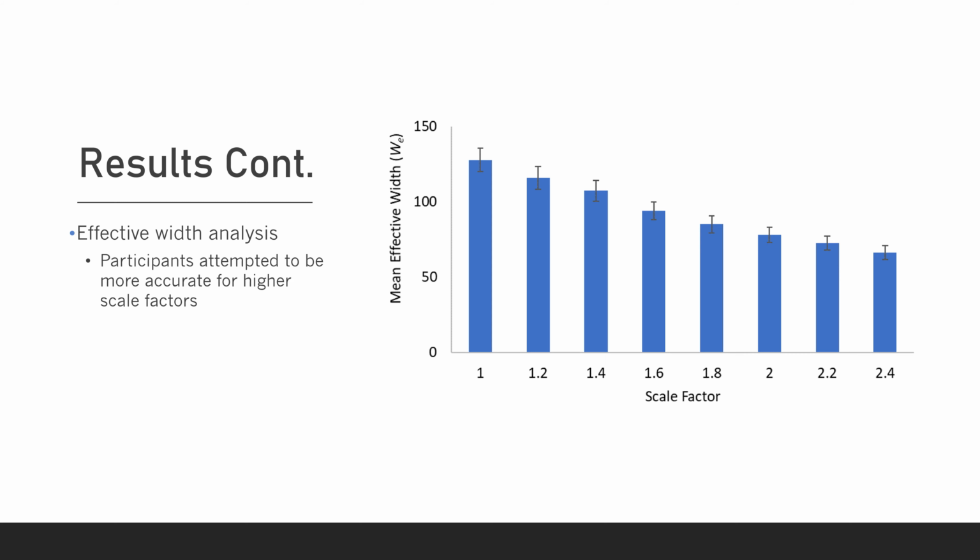So we looked at how effective width behaved with different scale factors. As you can see in the figure, higher scale factors resulted in lower effective width, meaning participants were probably missing targets closer to target centers. Another explanation for constant throughput could be that essentially the same muscles were used to perform the task physically. Thus, our hypothesis was proven to be true for throughput.